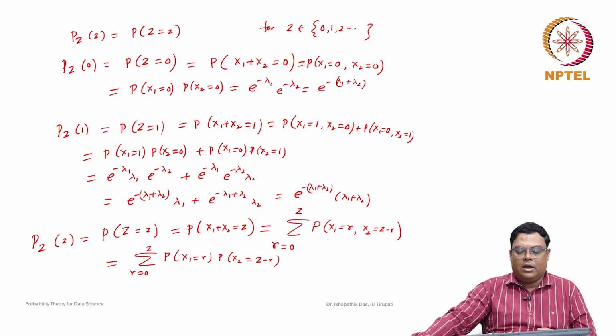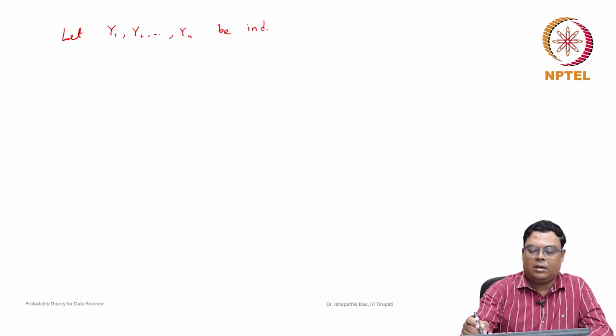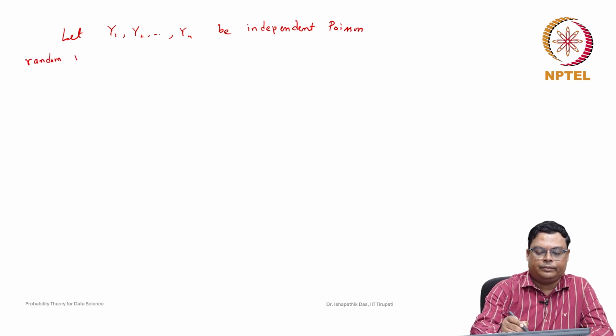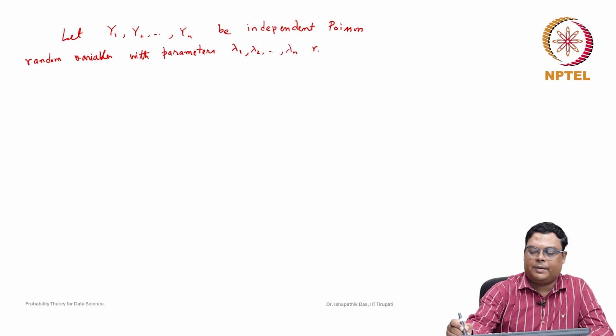Now suppose next that Y1, Y2, ..., Yn are independent Poisson random variables with parameters lambda 1, lambda 2, ..., lambda n respectively.